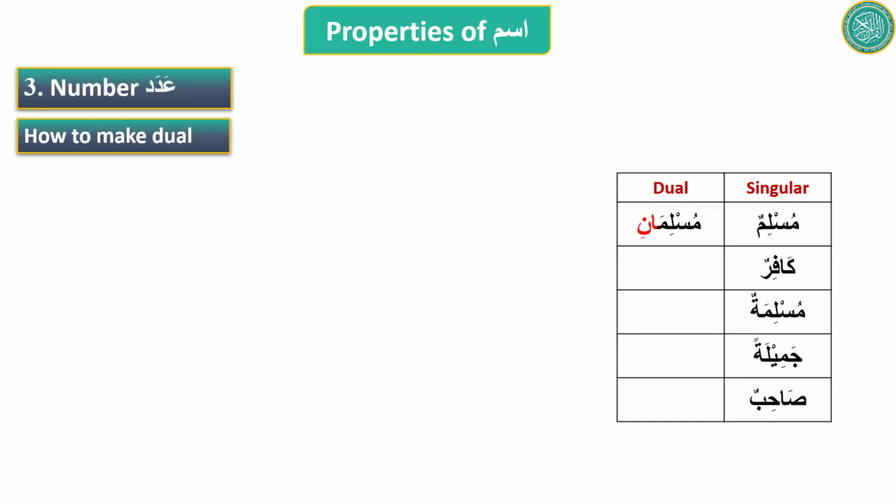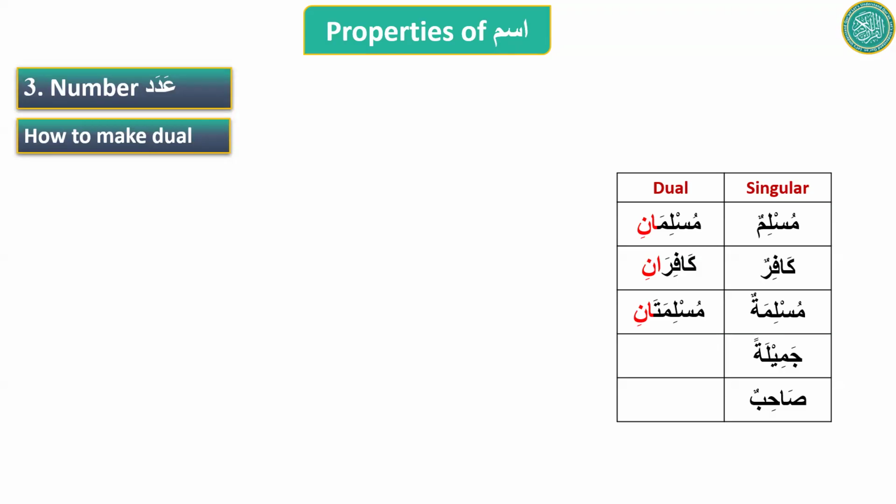So I go to Sister Aisha Salami. Sister, next word is kafirun. What's the dual? Kafirani. Muslimatun. Muslimatani. Okay. Jamilatan. Now be careful. This is nasab. Muslimatan is done.